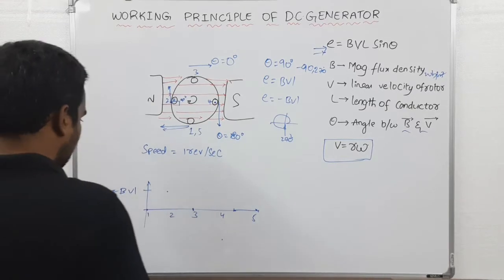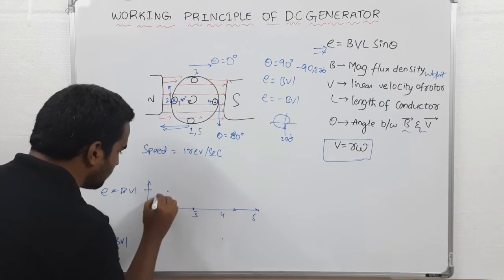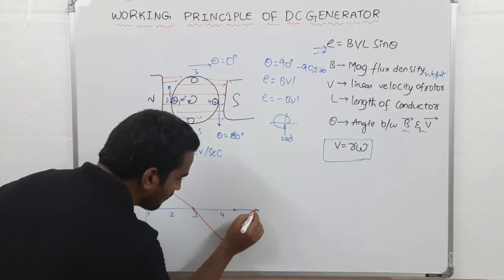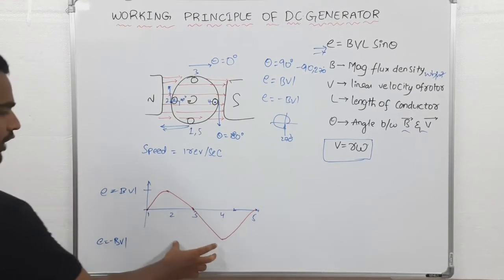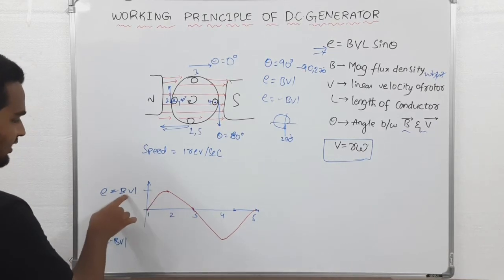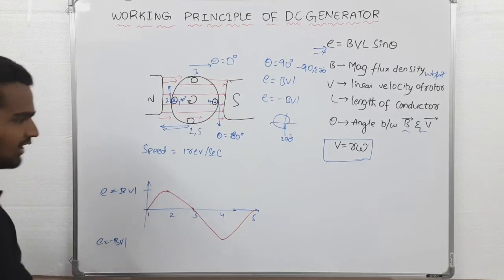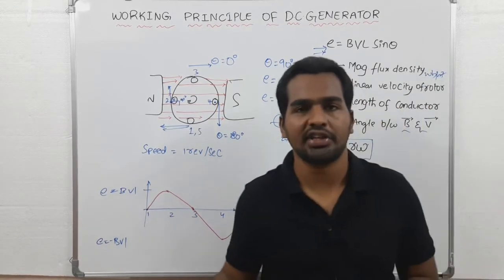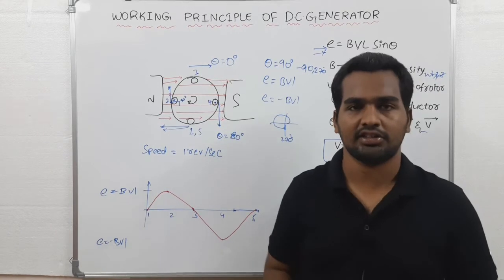So if you connect these dots, this will be the waveform of induced EMF. Okay, the maximum value is E equal to BVL and the minimum value is E equal to minus BVL. So we can understand that the induced EMF in the rotor is alternating in nature.